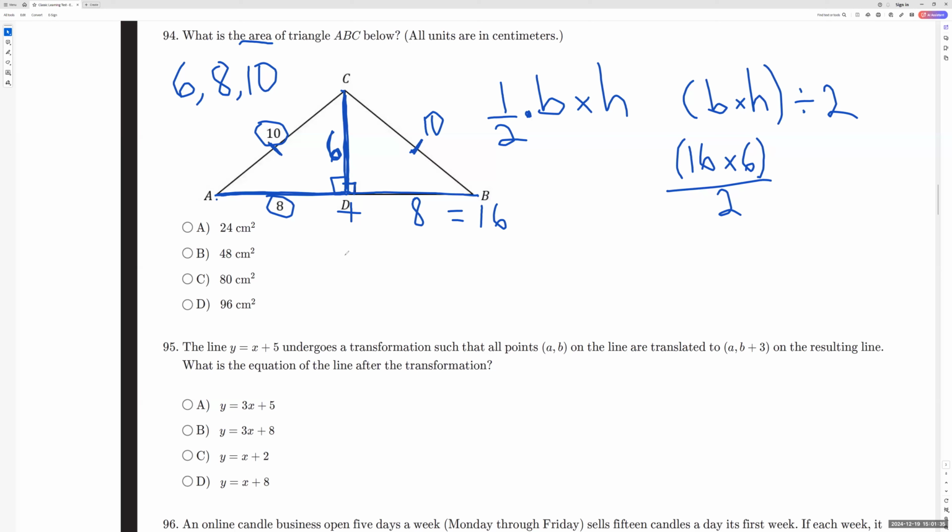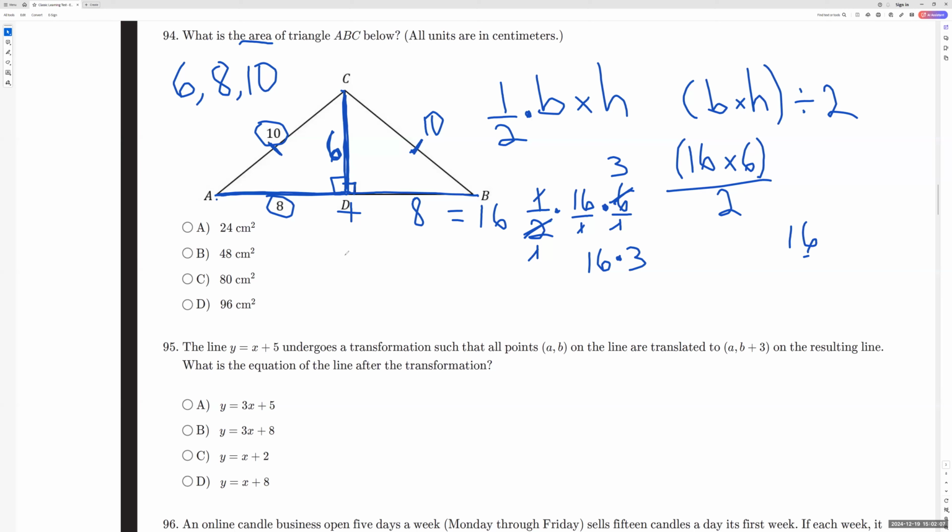If we had it like 1/2 times 16 times 6, and I wanted to cancel this 2, I can cancel it with the 6. 2 divided by 2 is 1, 6 divided by 2 is 3. So the ones cancel. So what I have is 16 times 3.